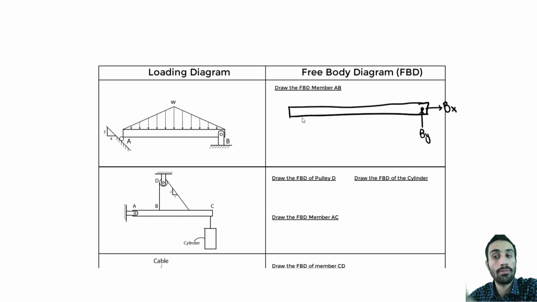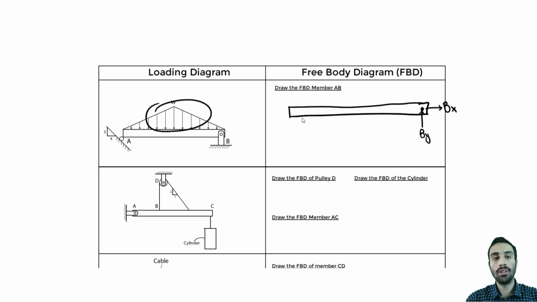Just remember, you have two reactions for a pin connection. And if you get a negative sign in your answers, it just means you assumed the wrong direction. But when you get a negative sign, that's important for trusses and stuff. Just carry that negative through all your calculations when you do practice questions. But note two reactions for a pin.